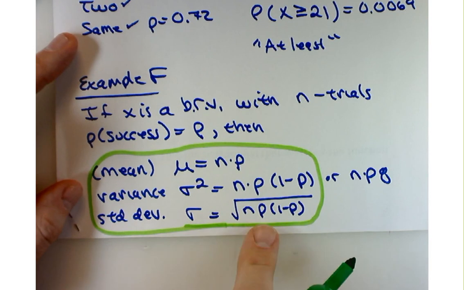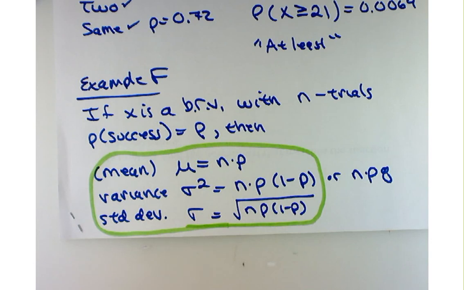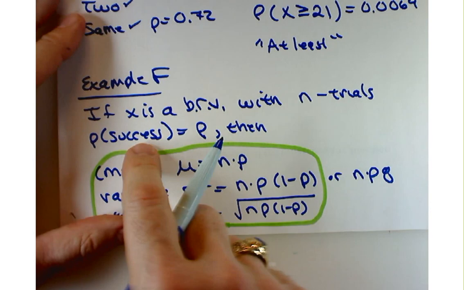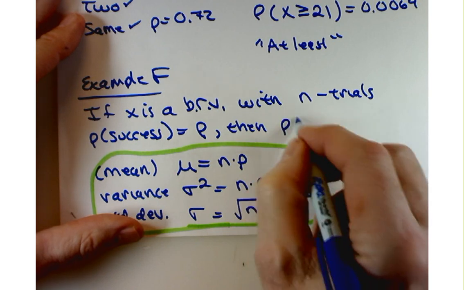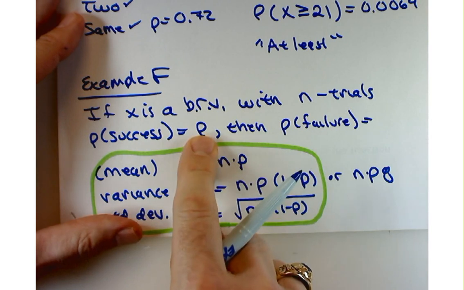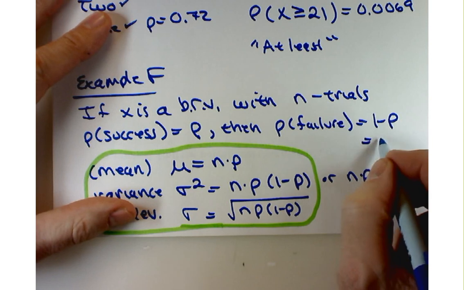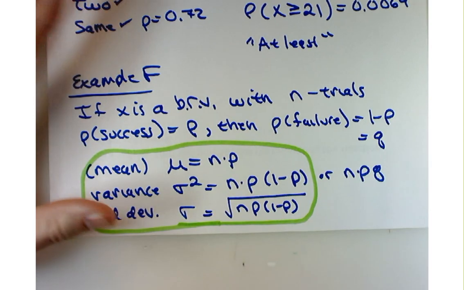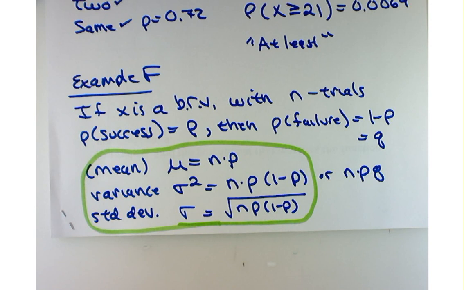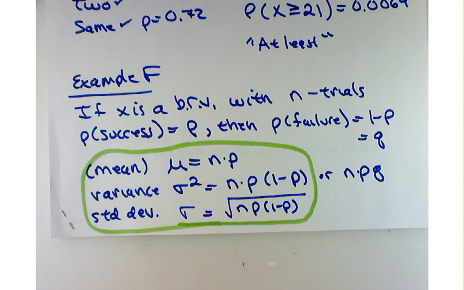For the variance where it says n times p times q, a lot of times p is the probability of success. If p is your probability of success, your probability of failure is 1 minus p. And sometimes we'll call that q, just for convenience. So that's where the q is coming in. It's going to depend on the book and the source as to whether they write it with p or q, but they mean the same thing.